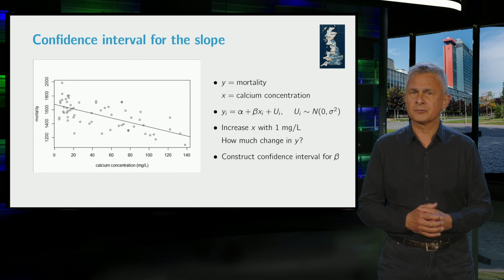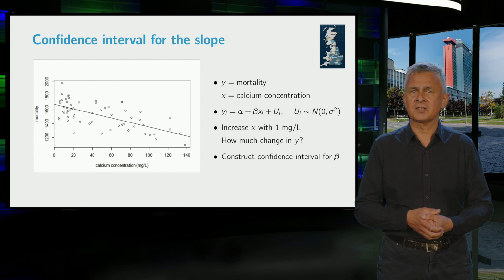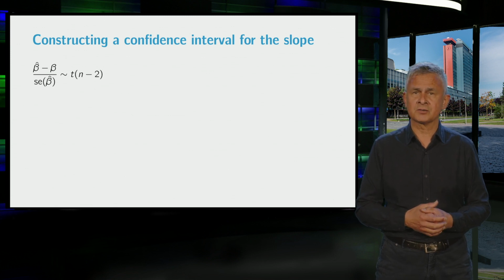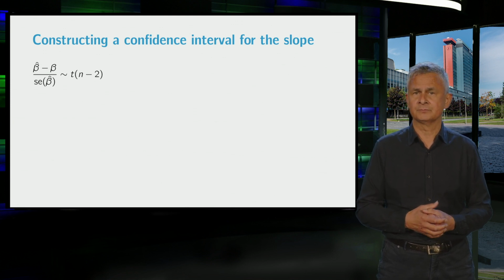However, a confidence interval for beta seems to be more appropriate here. This can be determined from the standardized beta hat. Recall from the theorem that with normally distributed errors, the standardized beta hat has a t-distribution with n-2 degrees of freedom.